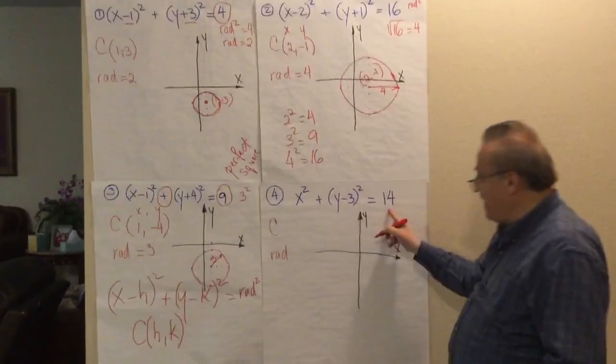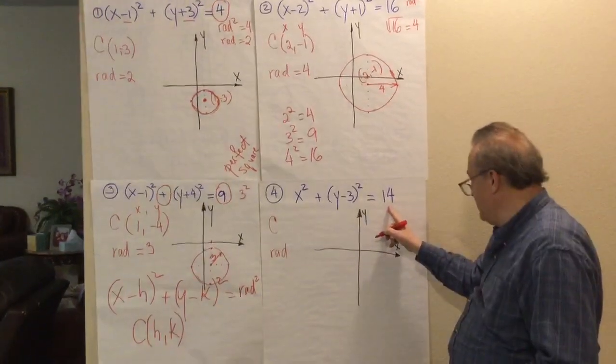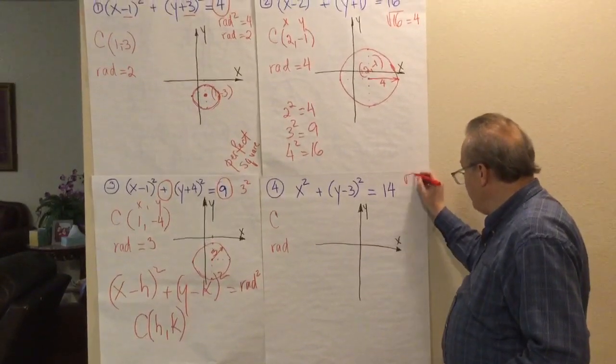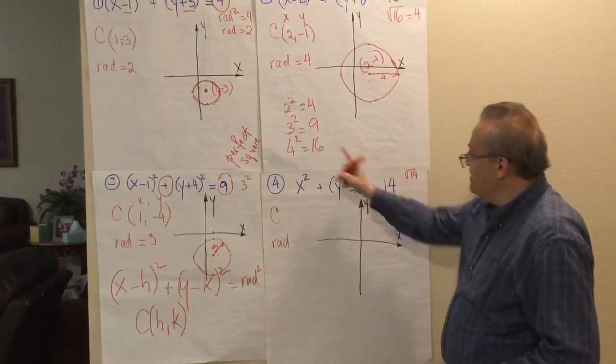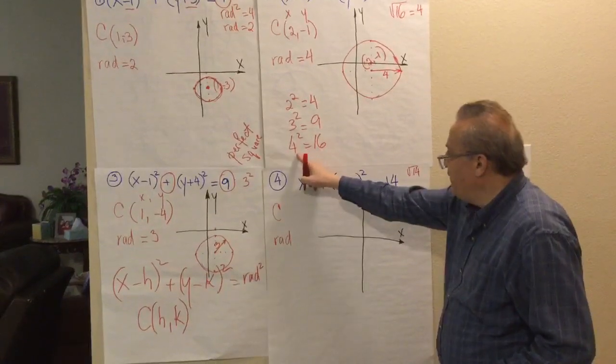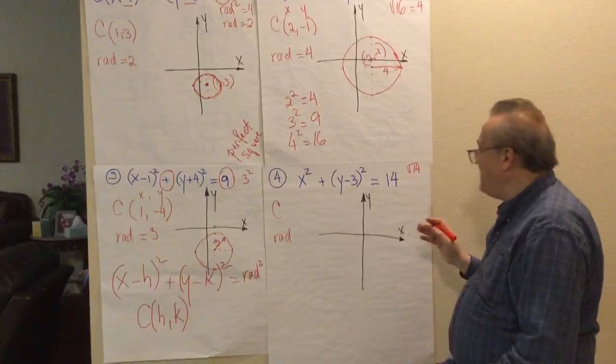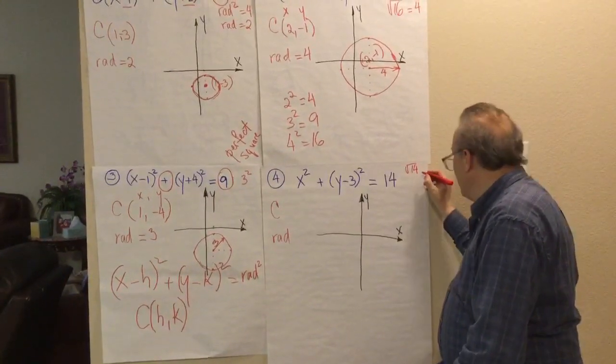But this time I have 14. 14 is not a perfect square. I'm just going to take the square root of 14, which is going to be less than 4 but way bigger than 3, so it's about 3.8, let's say, okay?